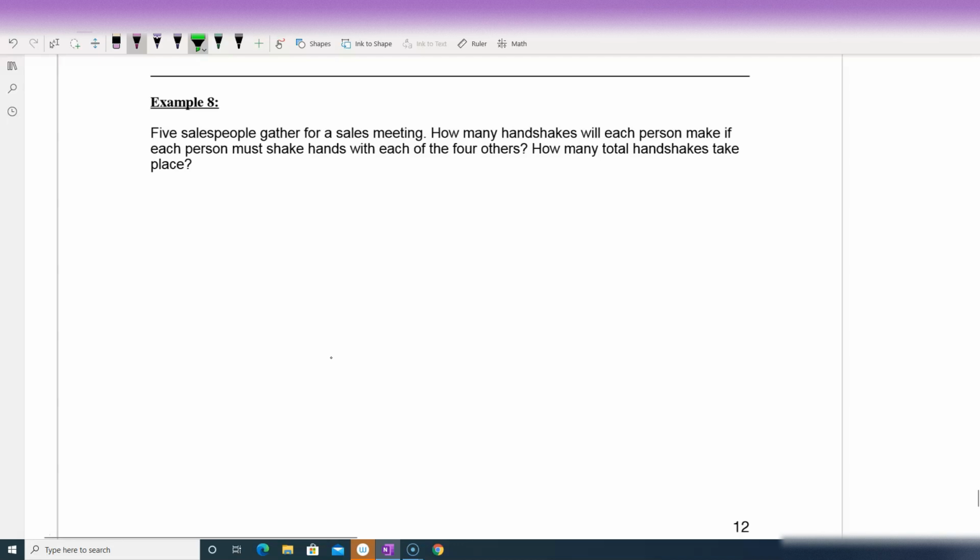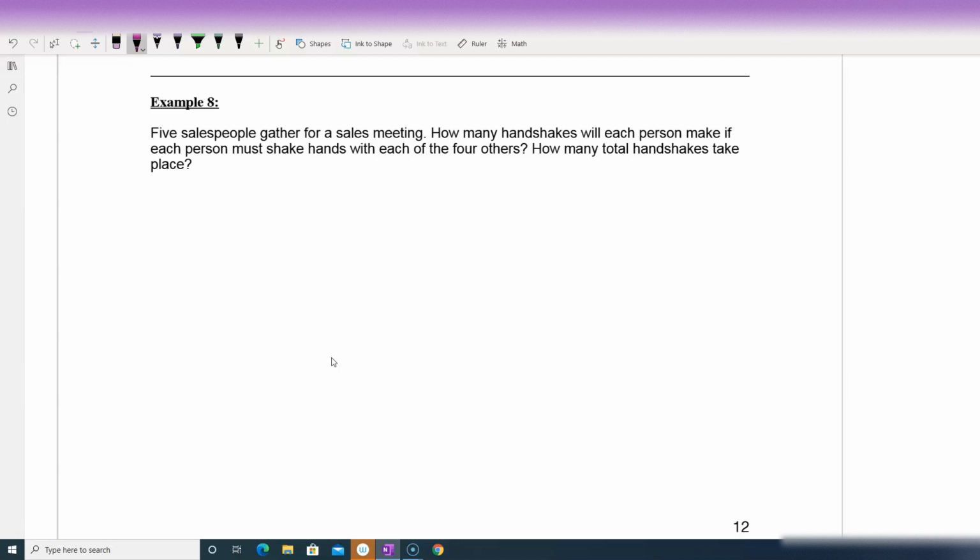Example number 8. 5 salespeople gather for a sales meeting. How many handshakes will each person make? If each person must shake hands with each of the 4 others, how many total handshakes take place? Here we have 5 salespeople.